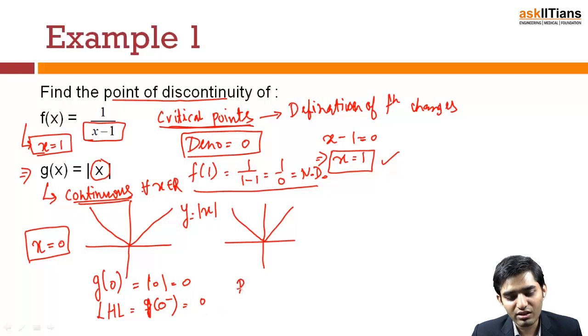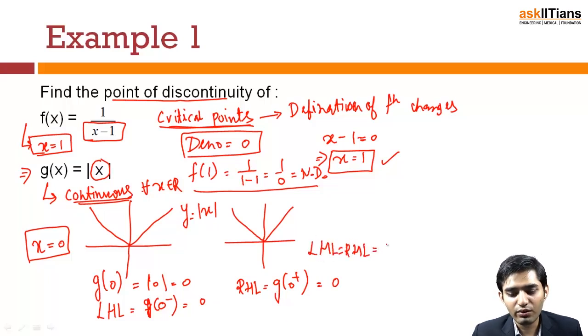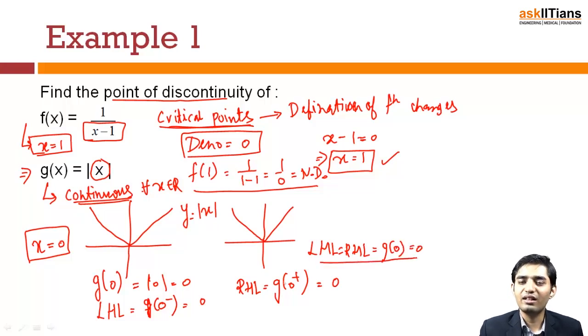RHL will be g of 0 plus, which will also be 0. So LHL is equal to RHL is equal to the value of the function, which is 0. So I can say that g(x) is continuous at x equal to 0, because LHL is equal to RHL is equal to the value of the function is equal to finite, because 0 is a finite number. So it is continuous.